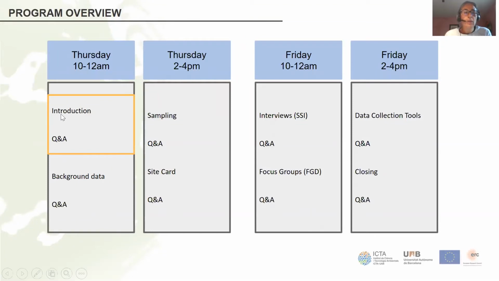So basically today we're going to have this introduction, and then Anna is going to be talking about the collection of background data. And tomorrow, in the afternoon, we're going to be talking about the sampling and the general collection of data more at the site level. And tomorrow we're going to enter into the collection of interviews and focus group discussions, and how this data is typically given back to the LICCI projects for those who want to collect data that goes into our data set.